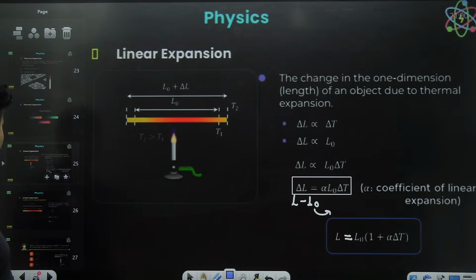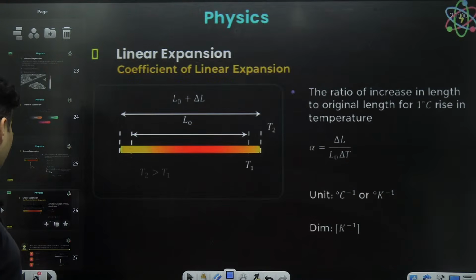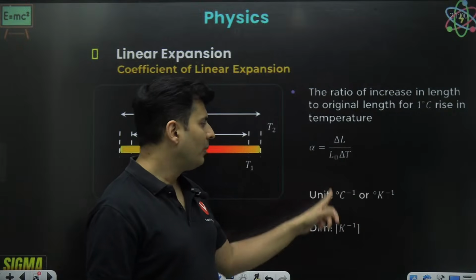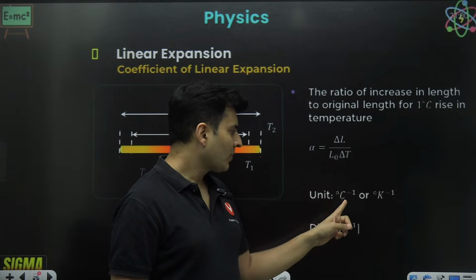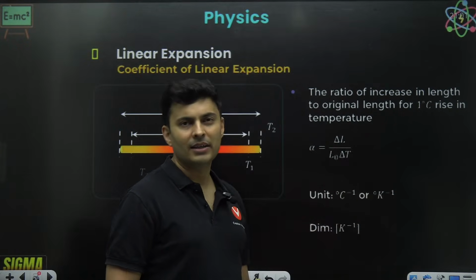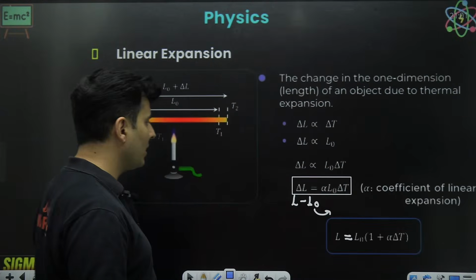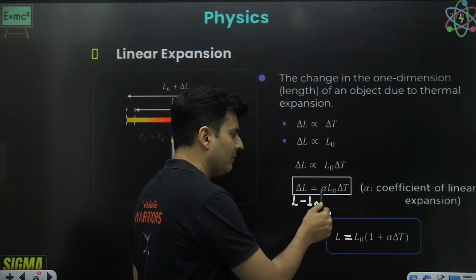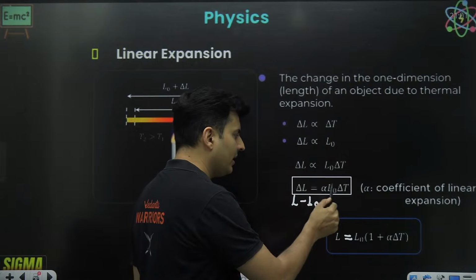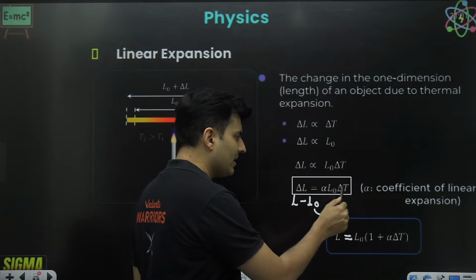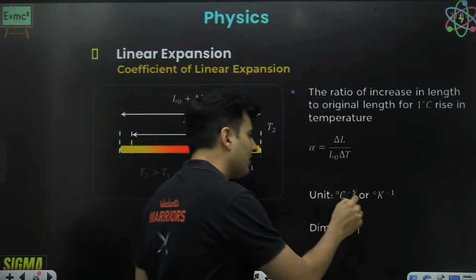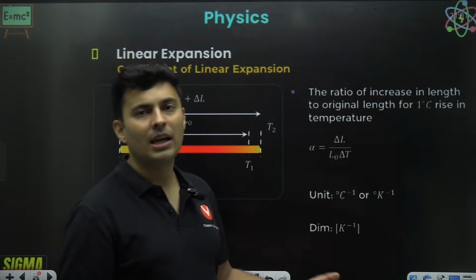Okay. So having said this, what is the unit of alpha? Unit of alpha is basically per Celsius or per Kelvin. Reason is, you can check it out here only. Temperature is Celsius, length meter. This is also meter. Meter will cancel. So this Celsius will come down. So alpha will have the unit of per degree centigrade or per Kelvin.